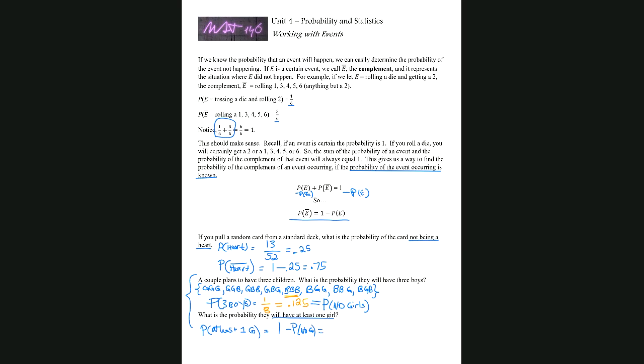I know the probability of no girls is 0.125, so this is 1 minus 0.125. And that's going to give me 0.875.